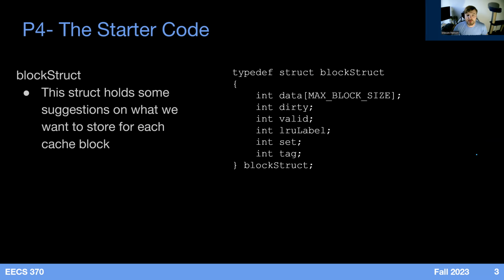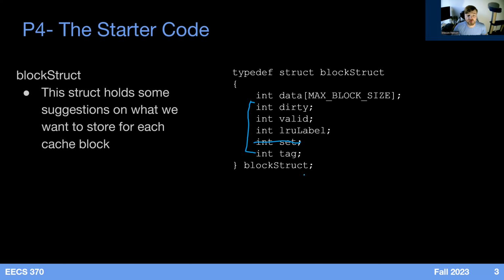This is the block struct that we have provided for you. And so it has really 2 main parts. It has the data, which we might remember from the lab, is the actual stuff that is from memory. And then we have all these other things that are really overhead. Technically, the set isn't stored in a real hardware cache, so that might be considered some amount of extra.